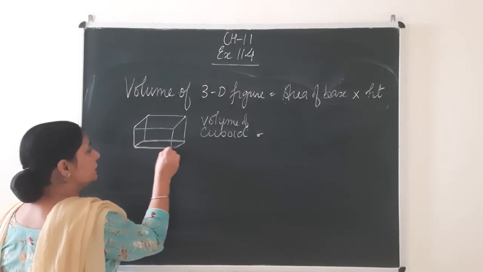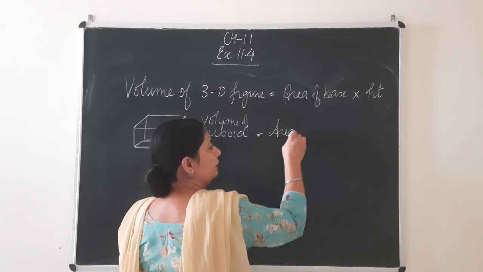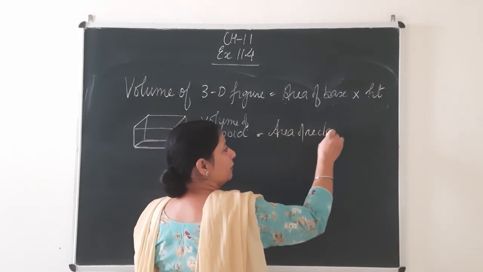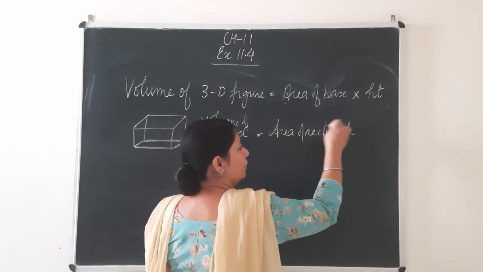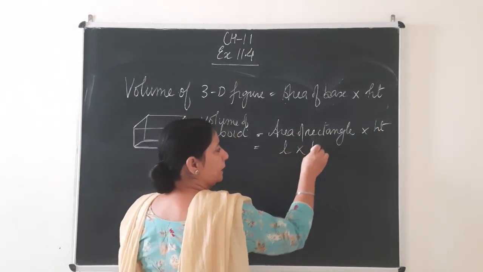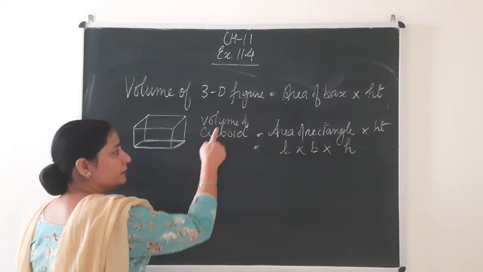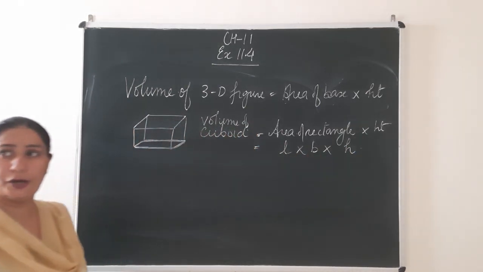Now what is the base? The base is a rectangle. Now what is the formula for the area of a rectangle? Area of rectangle is equal to length multiplied by breadth. So when this length and breadth are multiplied by the height, that becomes the volume of a cuboid.